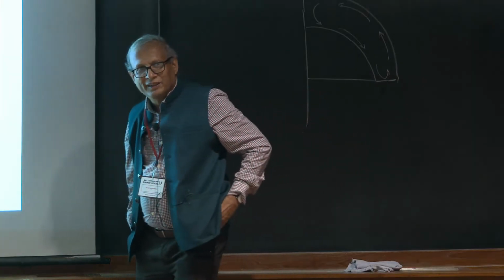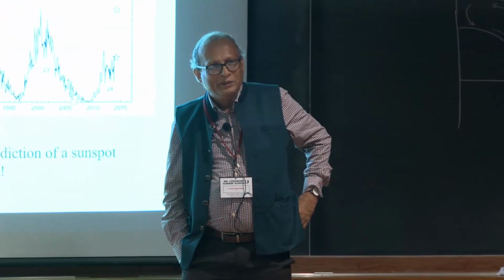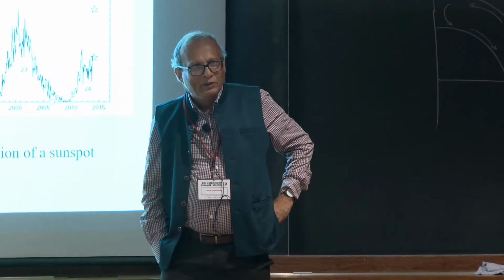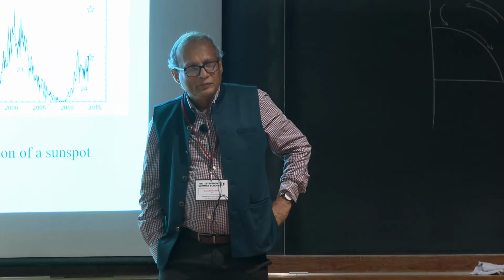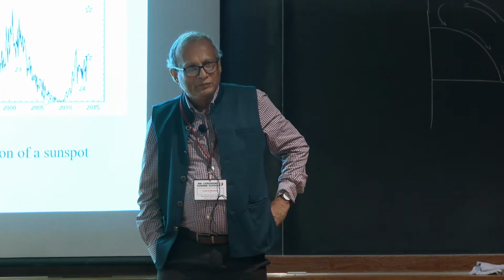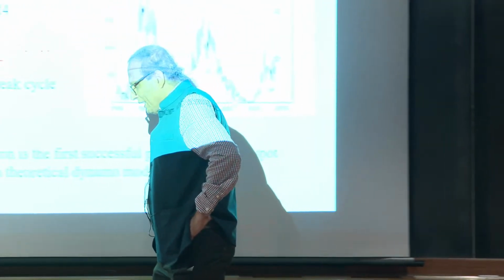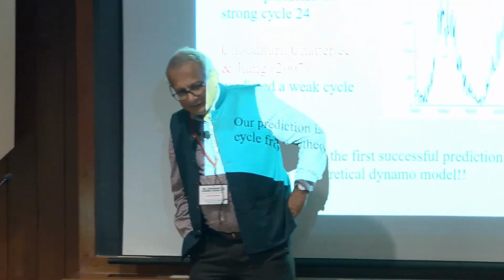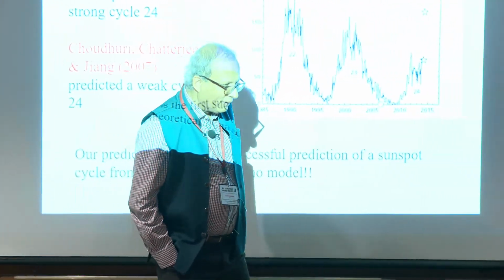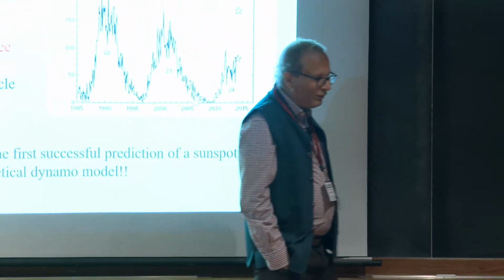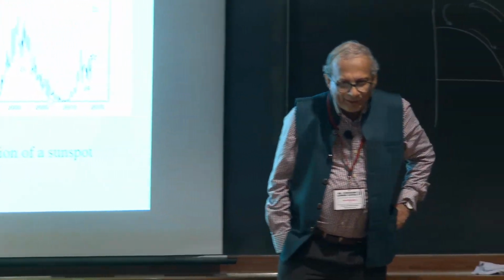Yes? You mentioned that there is a process which converts... It is not differential. As I said, that is a more complicated process. It involves convection and the Coriolis force.